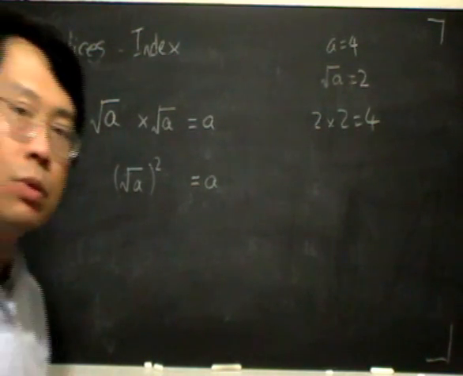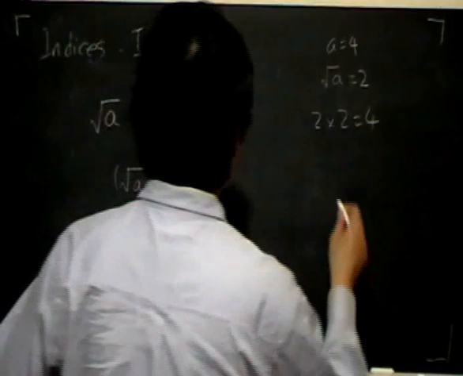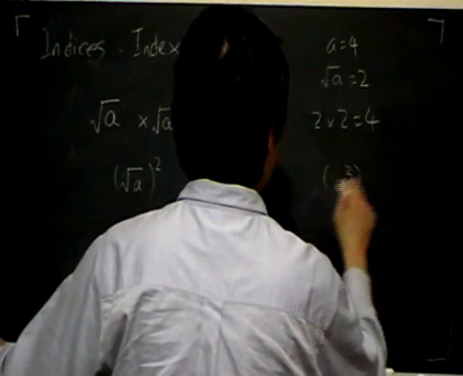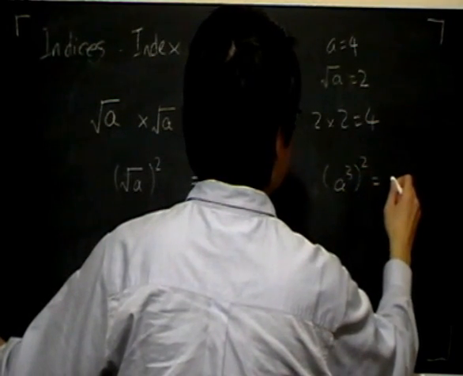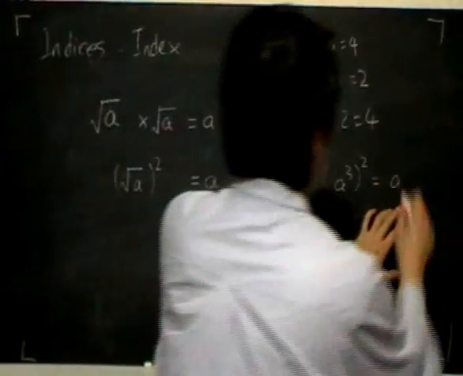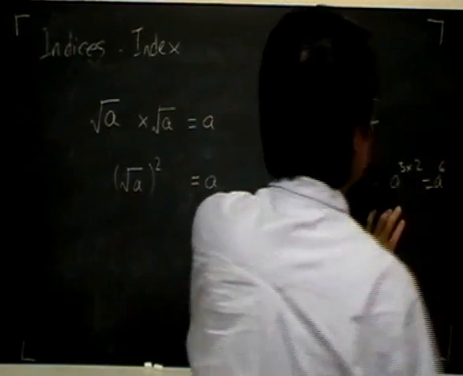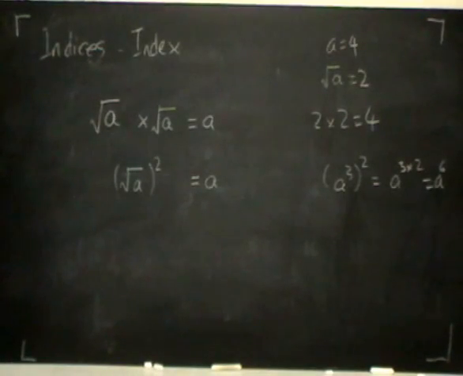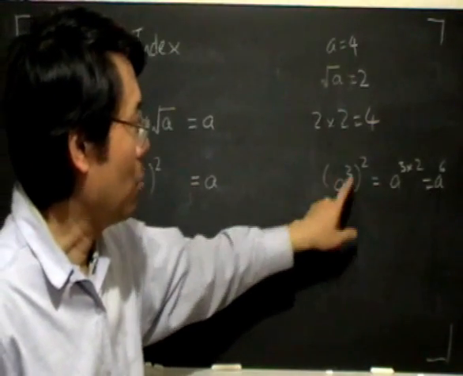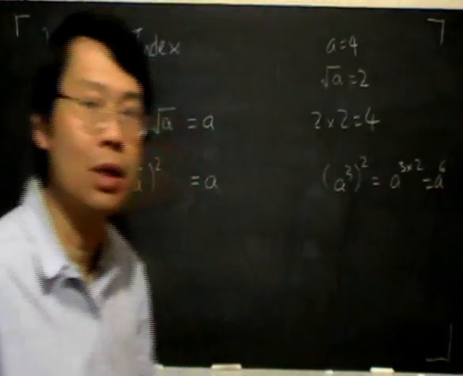We have learned that for example, A cubed to the power of 2 is equal to A to the power of 3 times 2, which is A to the power of 6. So if we have a power raised to another power, we can multiply the two powers to simplify the expression.